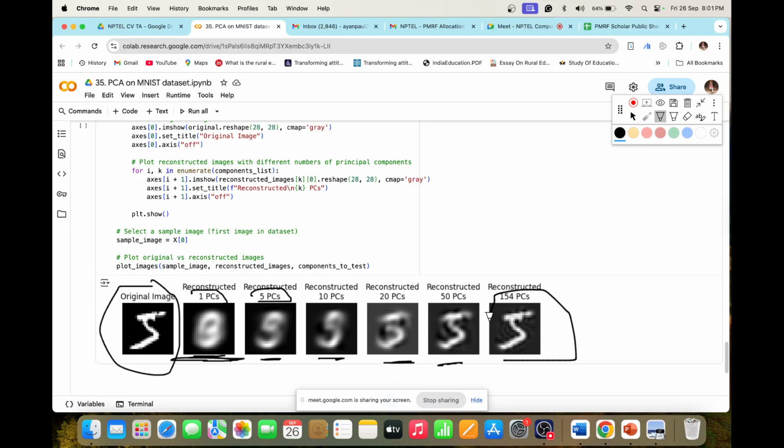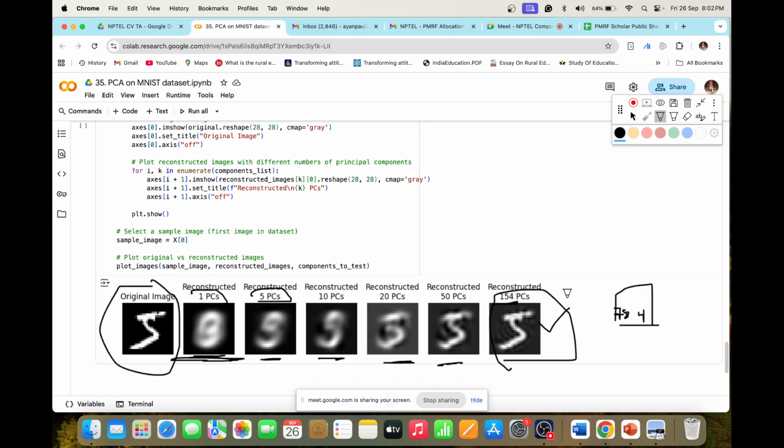With 154 principal components, we get 95% of the variance. 784 is our actual dimension, but with only 154 principal components we get more than 95% of the data. You can calculate 784 minus 154, which comes to around 630.